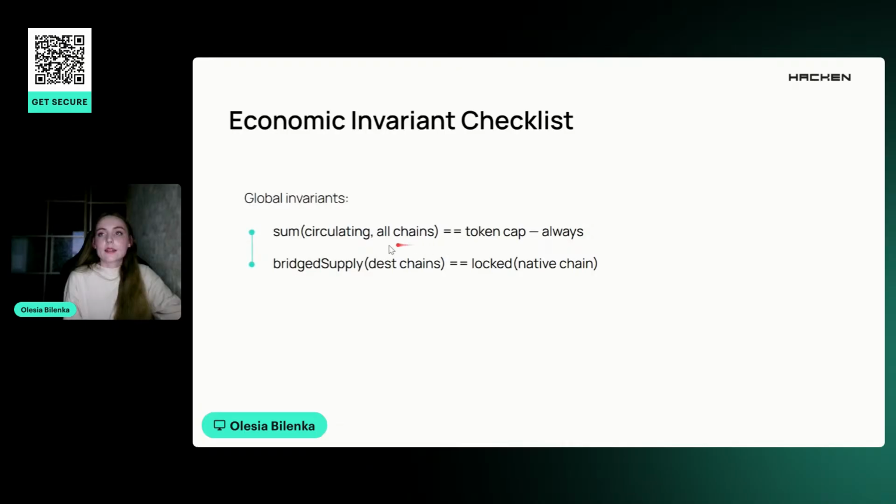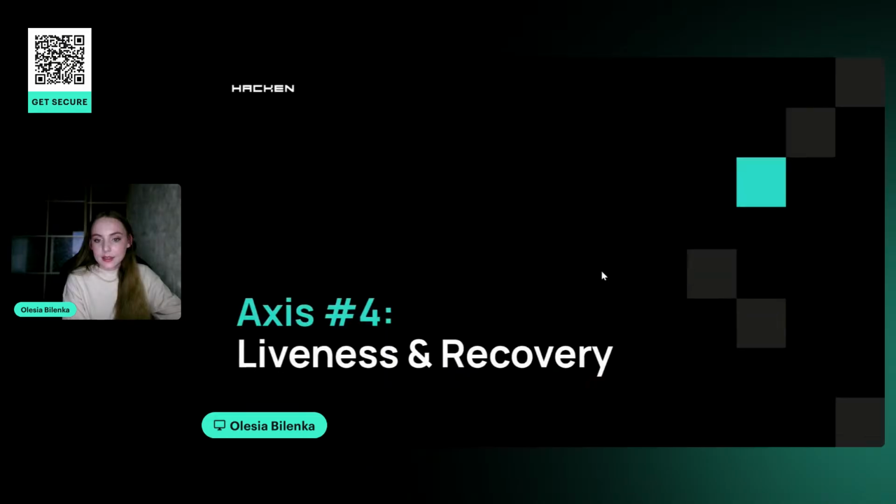And the second one is the bridged supply on the destination chains should be equal to the locked amount on the first native chain. So that's it. And we can go to the final axis.